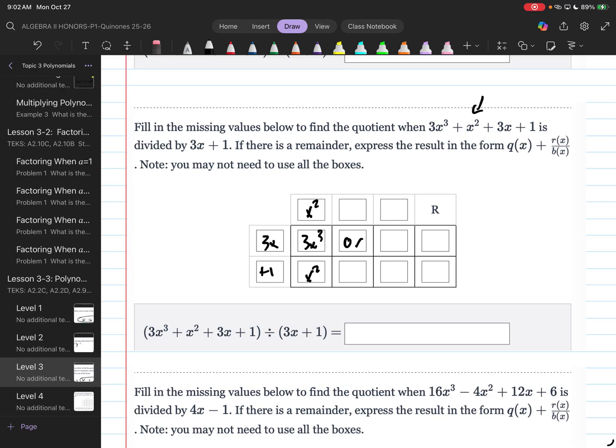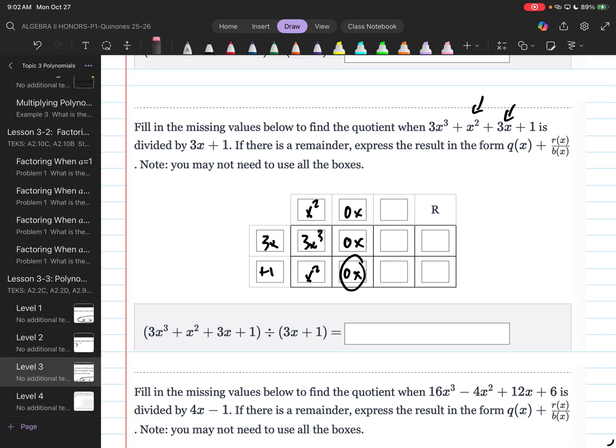So this turns into 0x. What times 3x will give me 0x? 0. I can put 0x here. That's fine. No biggie. This turns into 0x. Let's look here. This plus this needs to give me 3x.